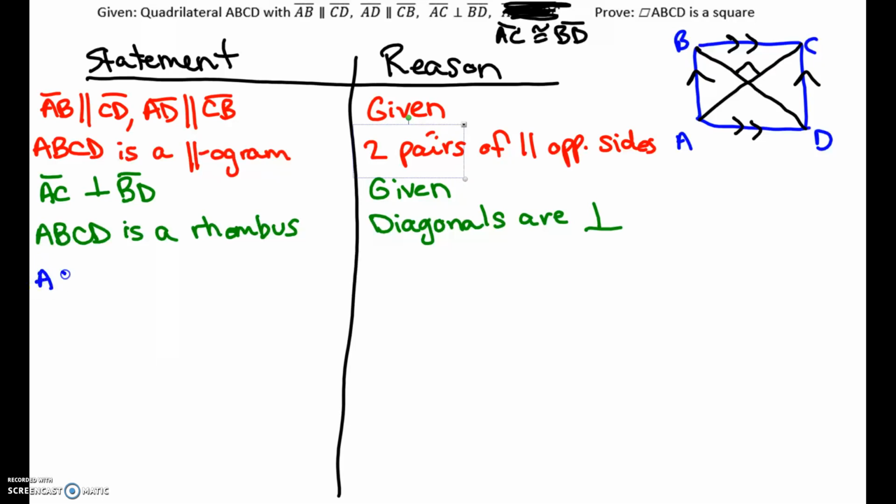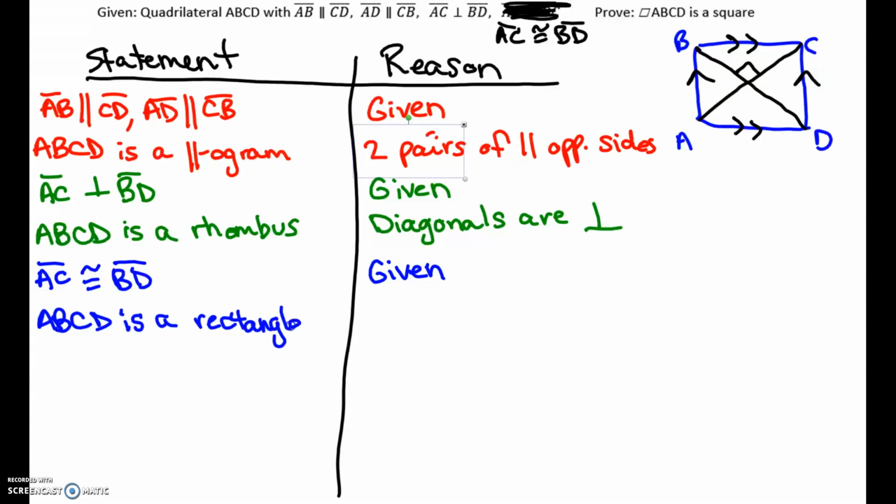All right, now let's take a look at proving this thing to be a rectangle. Well, they tell me that AC is congruent to BD. That's given. Those are the diagonals. When my diagonals are congruent, that makes ABCD a rectangle because my diagonals are congruent.